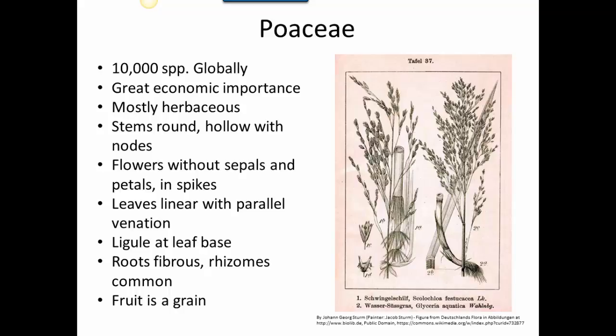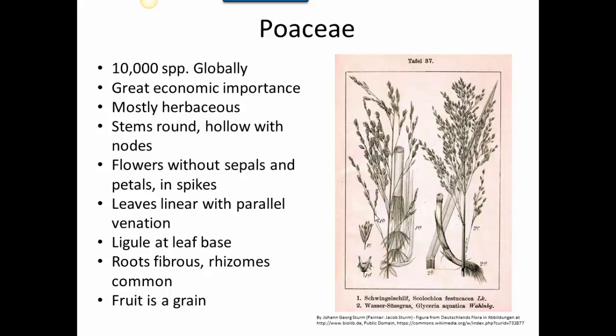Grasses generate flowers that are generally wind pollinated, so they lack showy sepals and petals, and they're typically part of an inflorescence that would be classified as a spike. So all of these flowers are coming off together in an inflorescence that we would call a spike because they're all pretty closely appressed to the central stalk of the inflorescence.